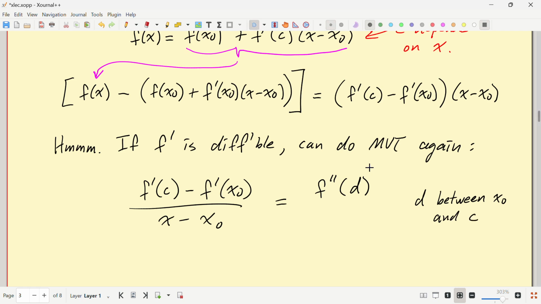And so how neat is that? I can multiply through by that. This is what I'm estimating over here.